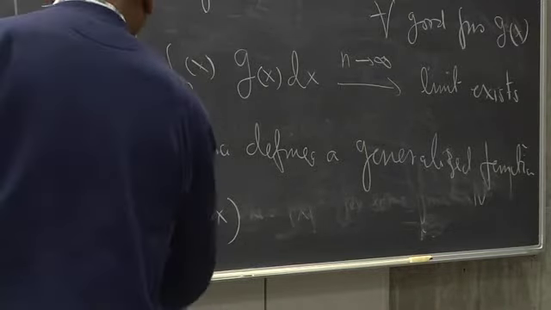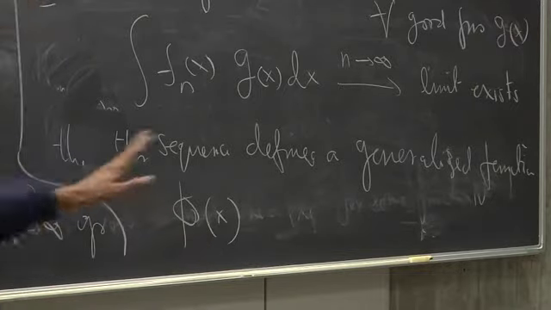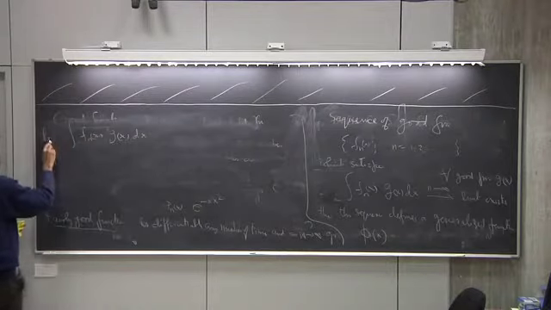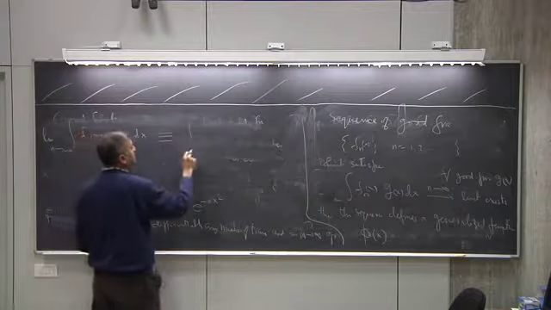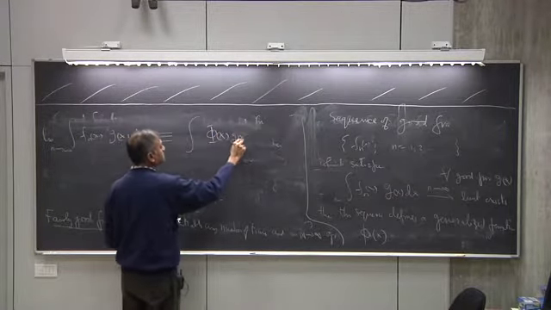Okay. And so this limit, the integral of f_n(x) g(x) dx as n goes to infinity, you define that as the integral of phi(x) g(x) dx.